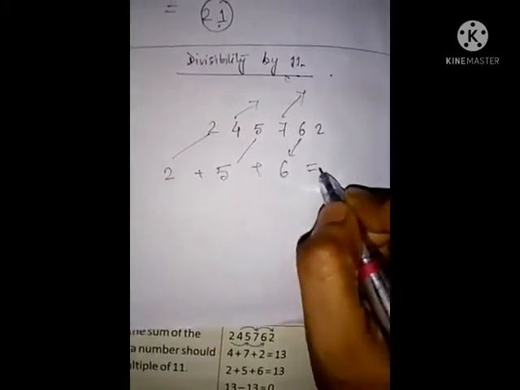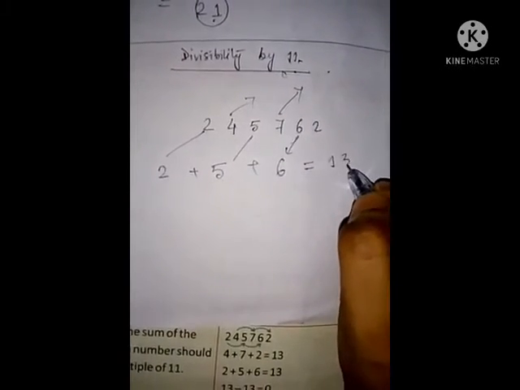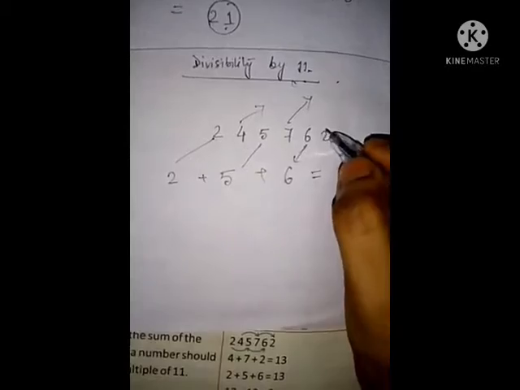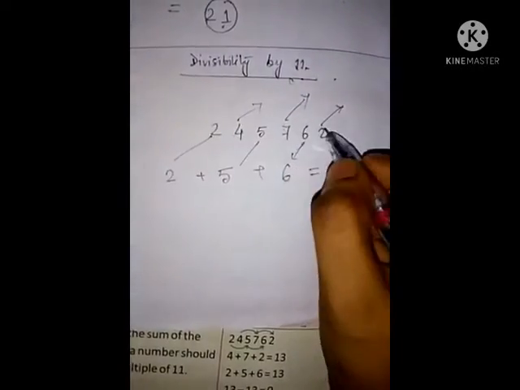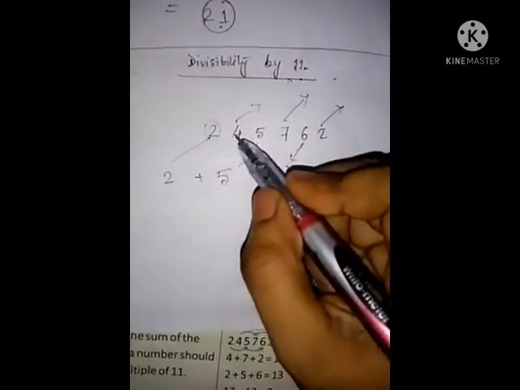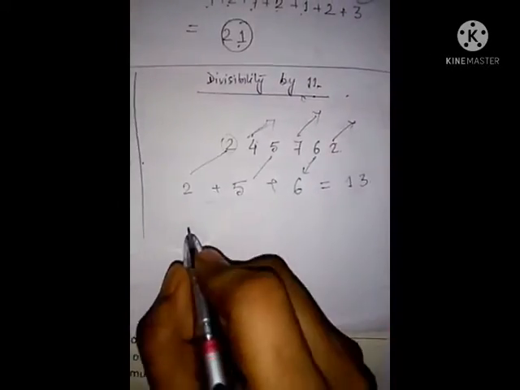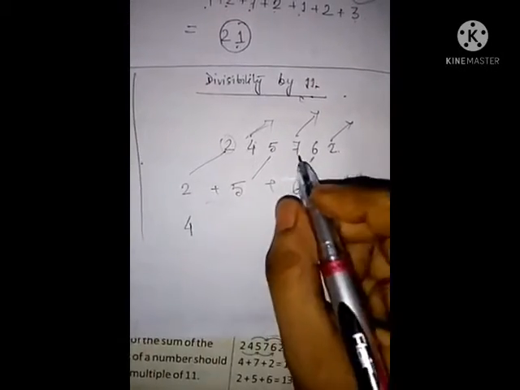Okay, 6 plus 5 is 11, 11 plus 2 is 13. And now we are going to take the rest. Here we take this in our first series. Now we take the remaining digits. Okay, 4 plus 7 plus 2.